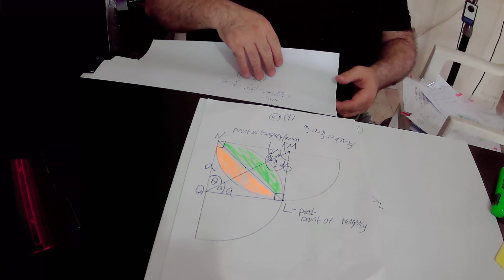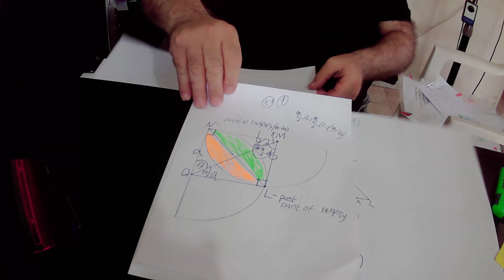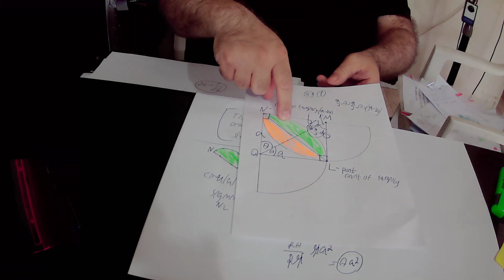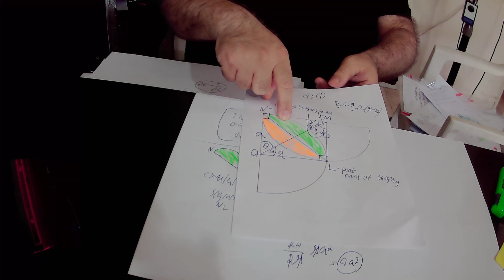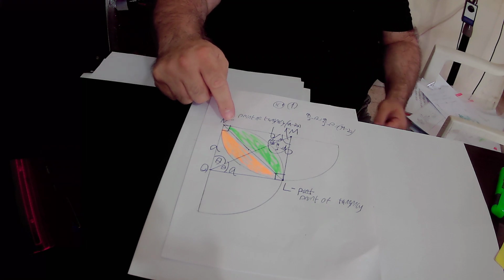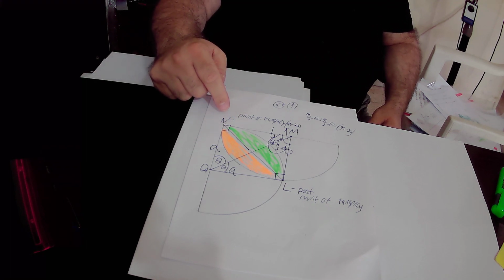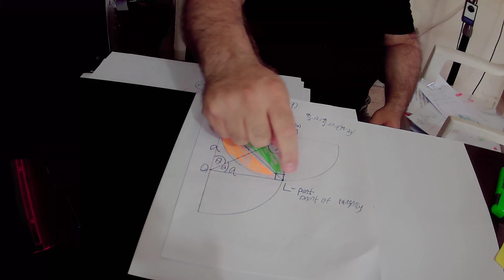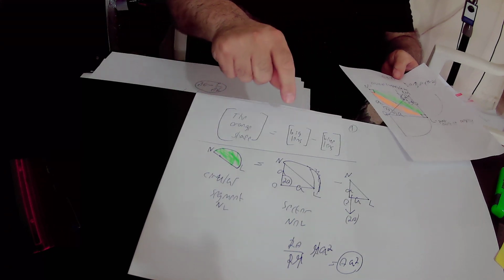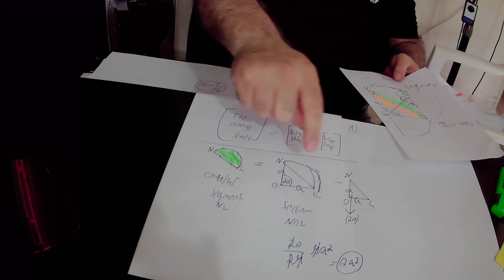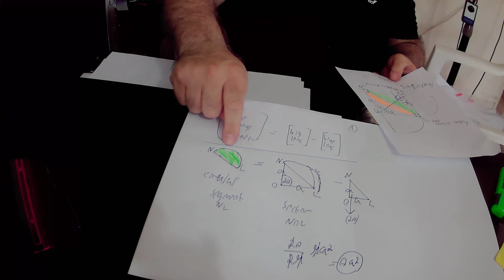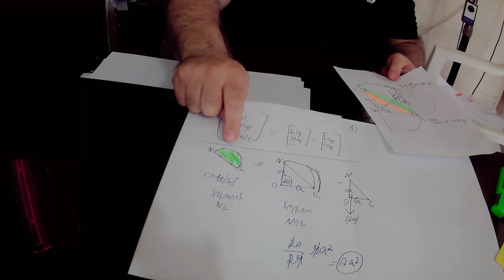So here, in the first step, we calculated the area of this upper circular segment NL. What is the area of the upper circular segment NL? It is equal to the area of sector NOL minus the area of triangle NOL. It's very easy to see that if you subtract the area of triangle NOL from the area of sector NOL, we will get exactly the area of the circular segment NL.